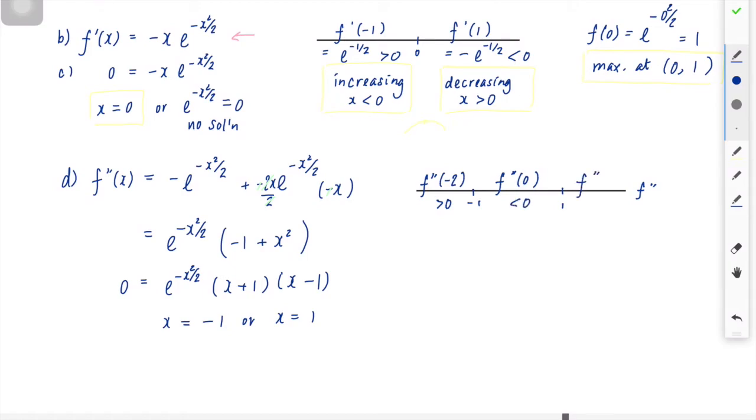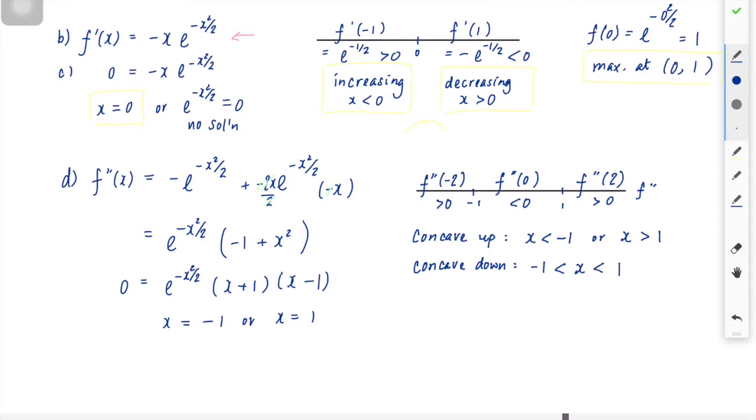And if I pick positive 2, it works out to a positive. Very well. It means that this function is concave up when x is less than negative 1 or x is greater than 1. It is concave down when it is between negative 1 and 1.